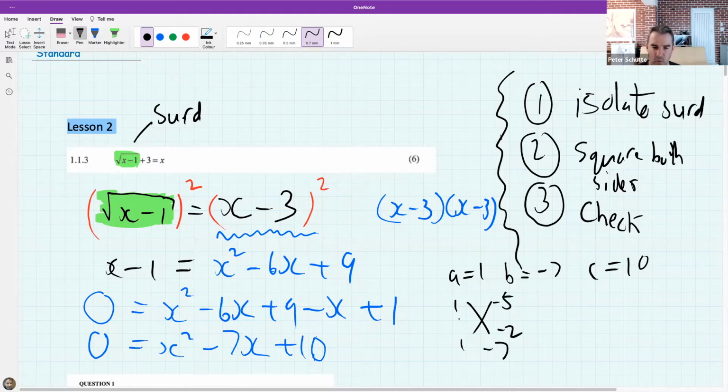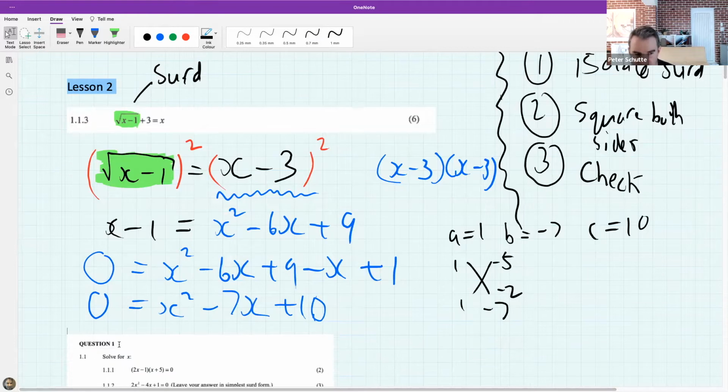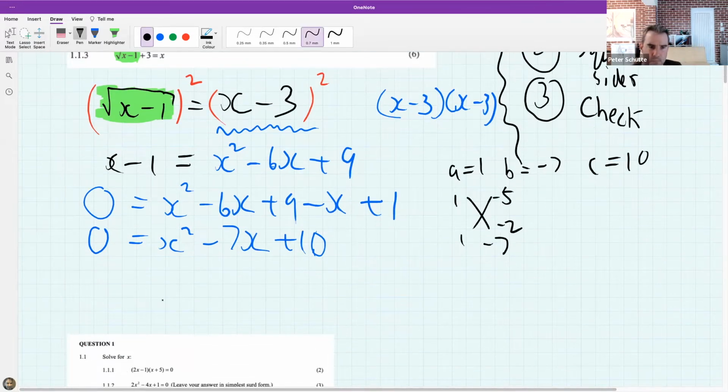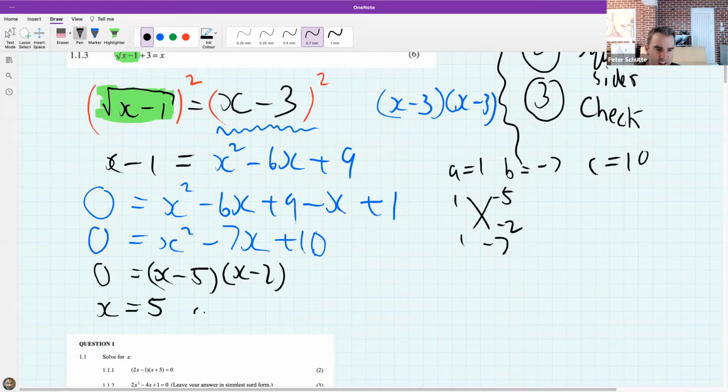The more you factorize trinomials, the better you get at them. But you should get exactly the same answer if you use the formula. So 0 equals x minus 5, x minus 2. So therefore, x is 5 or x is 2.